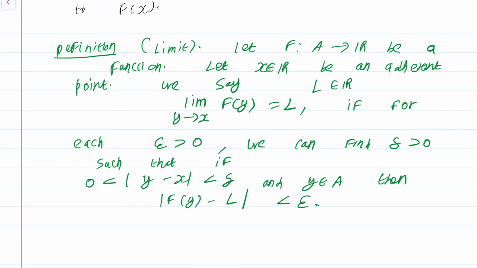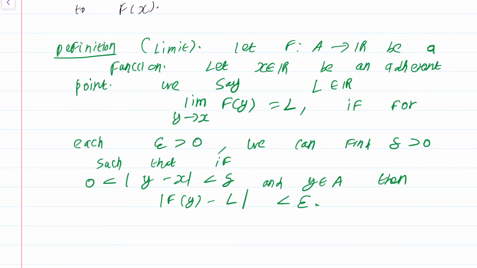This point x need not be an element of A. The function f need not be defined at the point x. We say limit y going to x of f of y equals L, and L is a real number, if for each epsilon greater than 0, we can find a delta greater than 0 such that if 0 is less than mod y minus x is less than delta and y is in A, then mod f of y minus L is less than epsilon.